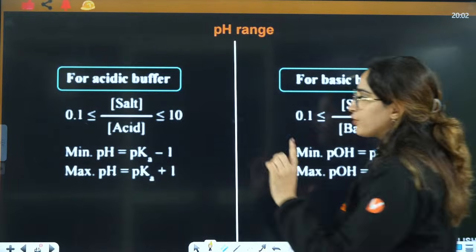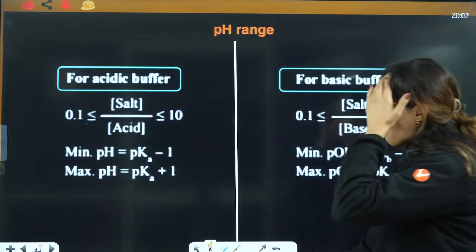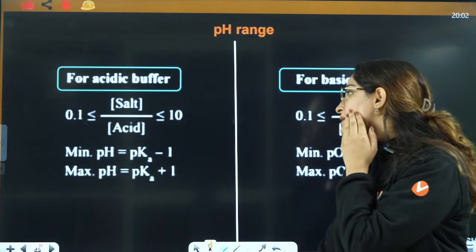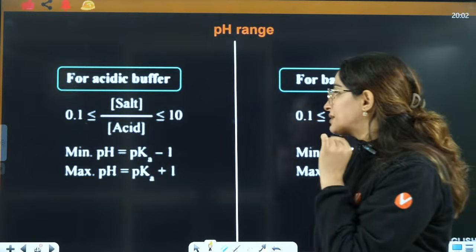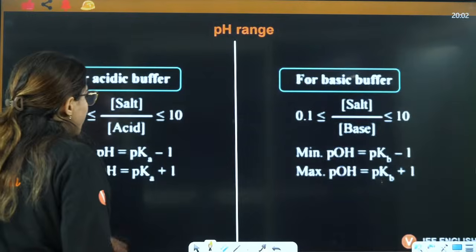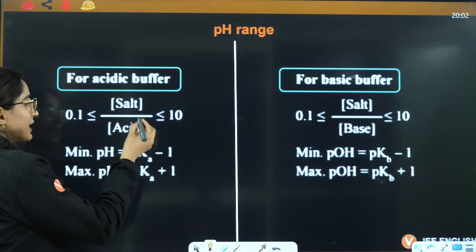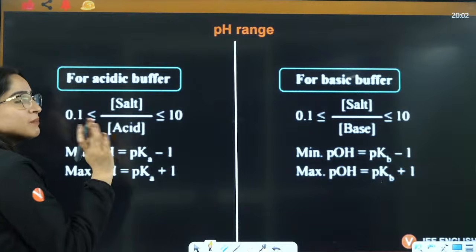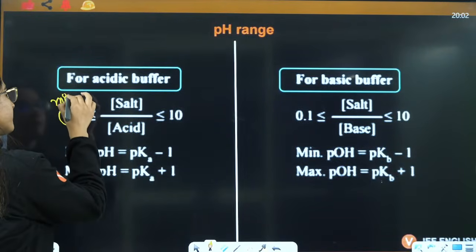Now, if you take the log here, what will you see? What is the minimum pH? Minimum means this is minimum, this is maximum.